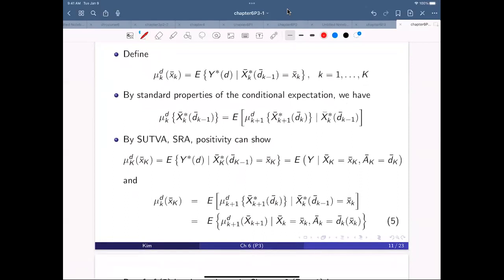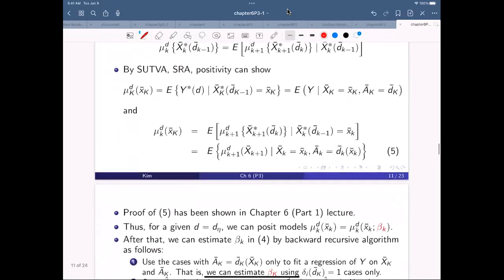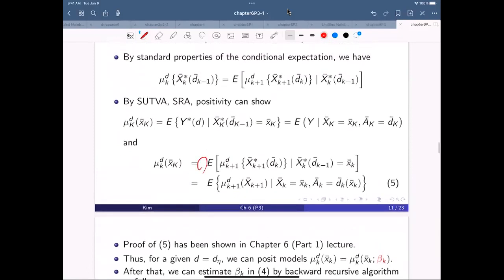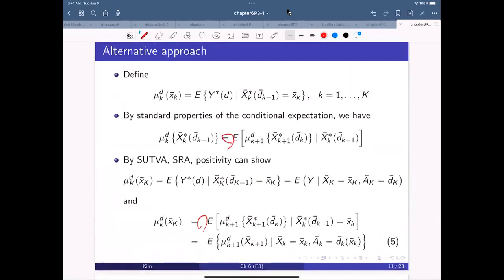For the last one, which is Y star given all the X stars, we know this result already. And the second term, the first equality here is just this one.